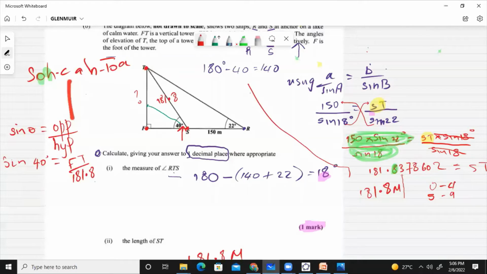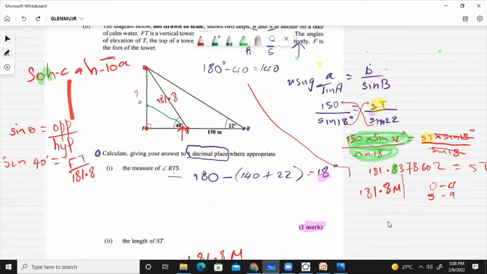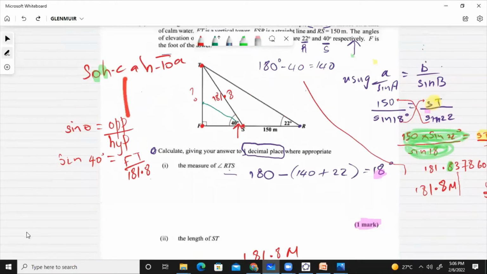At this time, we are almost there. Well, depending on who you are and how you do your thing, you basically could multiply both sides by 181.8. All right? So you could do that. For example, we could multiply this side by 181.8. It cancels. We balance the equation by multiplying the other side by 181.8. And it's going to give us the value.